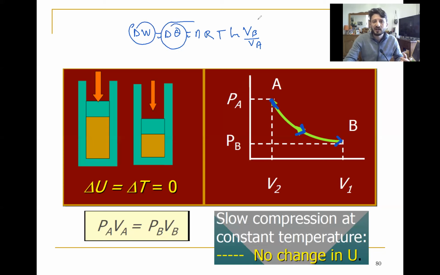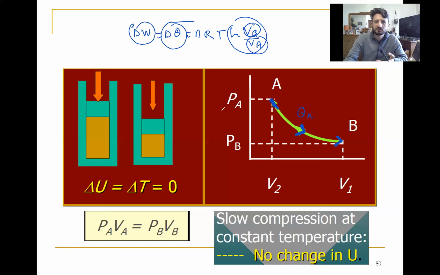Or you can say as VB is greater than VA, ln must be positive. So here we have Q hot. This is by calculation, you can prove if Q is positive or negative.